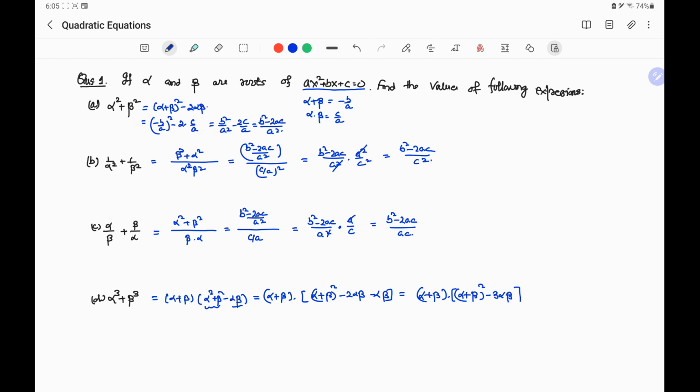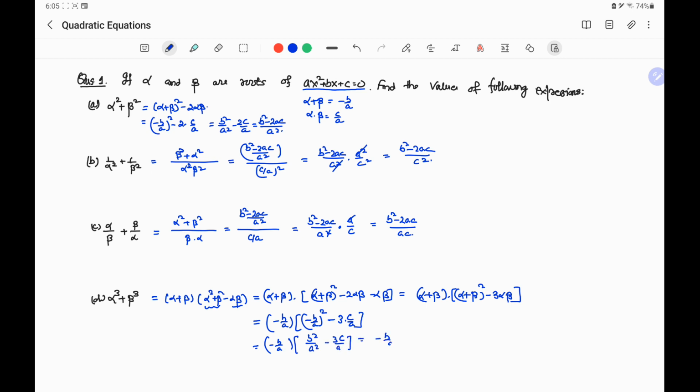Now we can replace alpha plus beta by minus b by a, this is the sum of roots, and alpha beta by c by a, this is the product of roots. So value will be alpha plus beta is minus b by a, then alpha plus beta square, that is minus b by a whole square, minus 3 into, and alpha beta is c by a. Now simplifying it, it is minus b by a, it is b square by a square minus 3c by a.